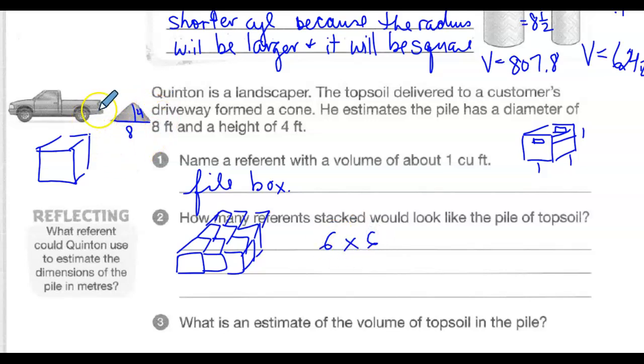Remember, that's a circle, so it's not going to be the same as 8 by 8 of the boxes. So let's start with 6 by 6, and then let's go smaller than that, because obviously it's supposed to go up to a point.